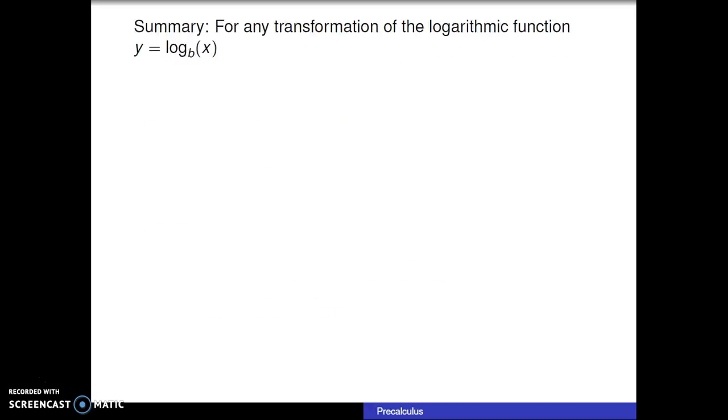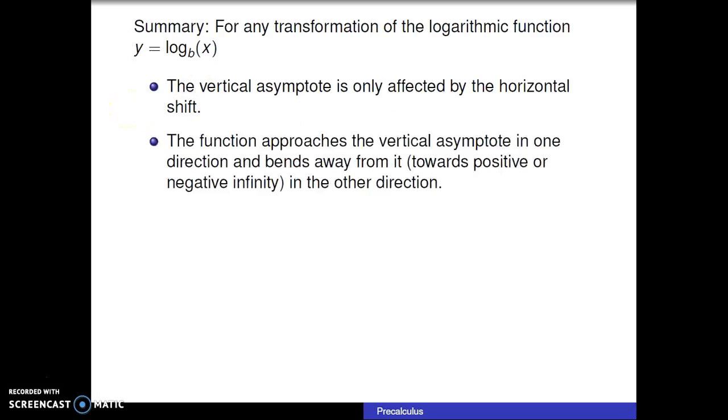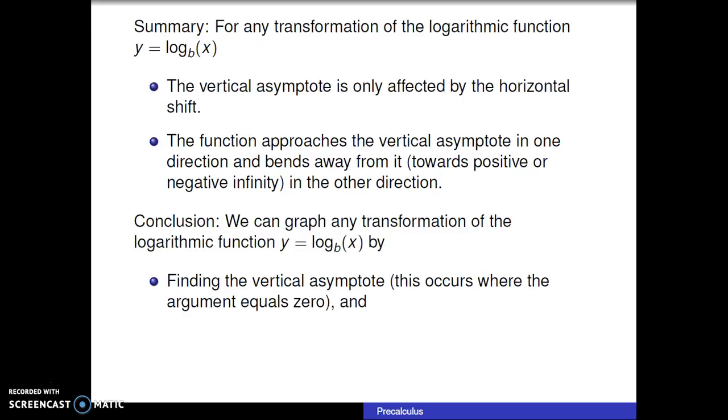Any transformations of the logarithmic functions will preserve the vertical asymptote, and the only thing that affects it is a horizontal shift that will move that vertical asymptote. The function approaches the vertical asymptote in one direction and bends away from it towards positive or negative infinity in the other.